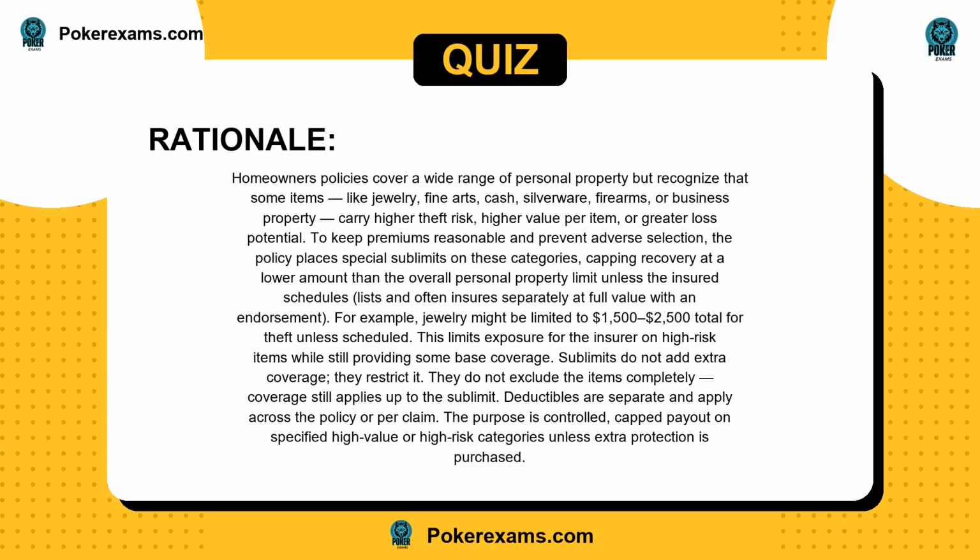To keep premiums reasonable and prevent adverse selection, the policy places special sublimits on these categories, capping recovery at a lower amount than the overall personal property limit unless the insured schedules, lists, and often insures separately at full value with an endorsement. For example, jewelry might be limited to $1,500 to $2,500 total for theft unless scheduled. This limits exposure for the insurer on high-risk items while still providing some base coverage.